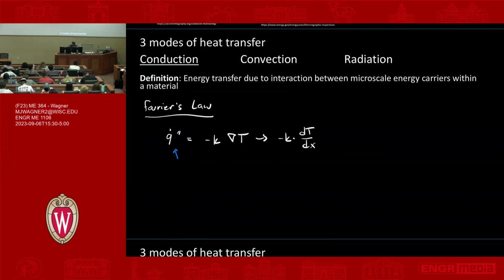Maybe it'd be helpful just to write some of this out. So the units here are going to be watts per meter squared. This is conductivity. It's a material property, like I said. The conductivity is going to have units of watts per meter Kelvin. Right, and then this is your differential.